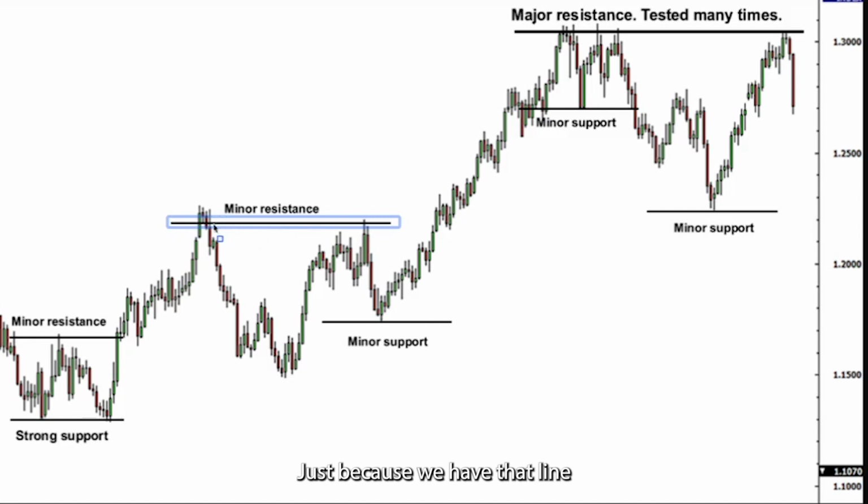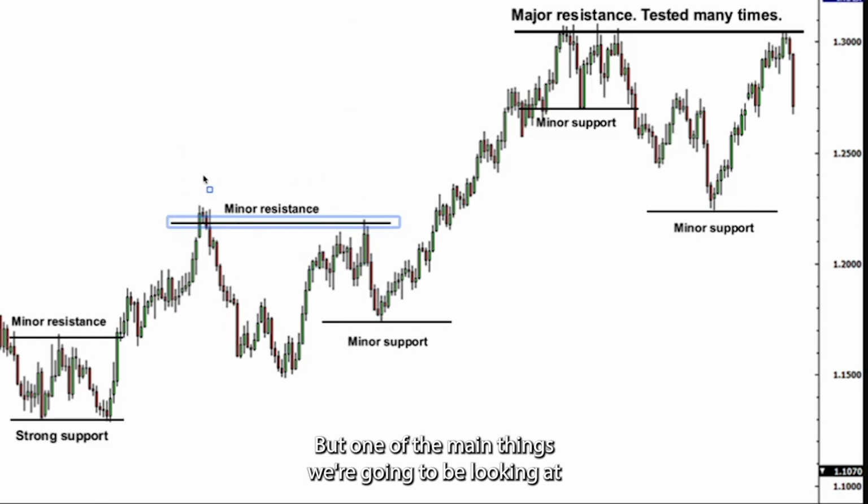Just because we have that line drawn and candlesticks are touching that area pretty much to the penny does not mean future price action will respect that zone or that exact area. We want to utilize support resistance as an area or a zone, because there are algorithms that will go past that just a little bit.